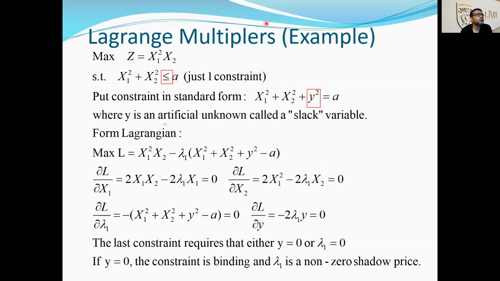I did get one correct response, and that is it has to do with the sign of the inequality. I know for a fact that for any real number, y squared would be a positive quantity, right? And if I want to not change my constraint, I must add a positive value to the left-hand side so that it becomes equal to a.